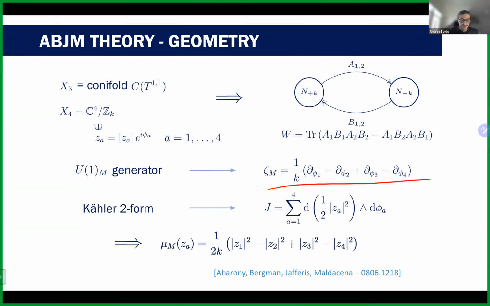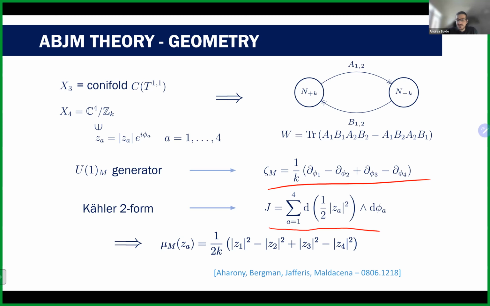It's a linear combination of the vectors that rotate each coordinate. The Kähler 2-form on the Calabi-Yau cone is also the standard one, and is given here. These formulas are not particularly important. It's just to show you that it's fairly easy to implement these in certain cases.